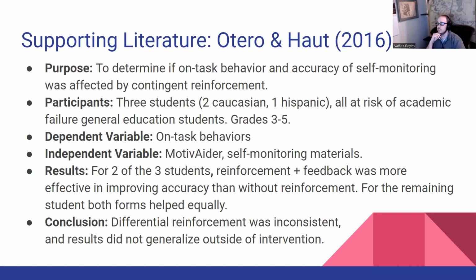In conclusion, they noticed that the differential reinforcement wasn't consistent in causing an influence, whereas it was consistently improved by the Motivator software, this self-monitoring software. And in this study, they did not see a generalization of the academic improvements.